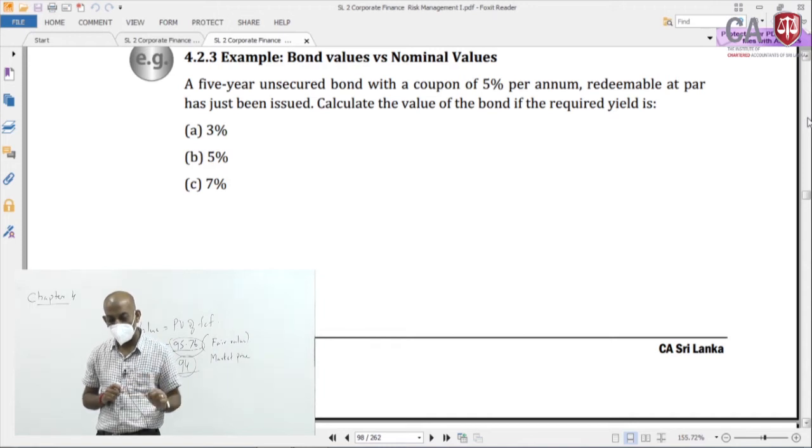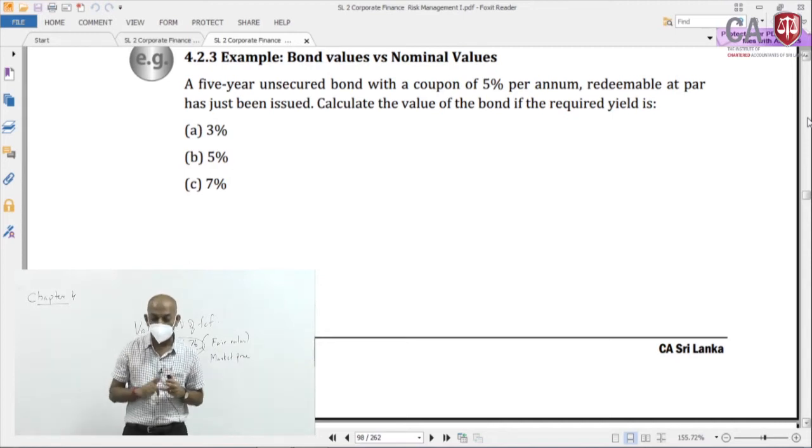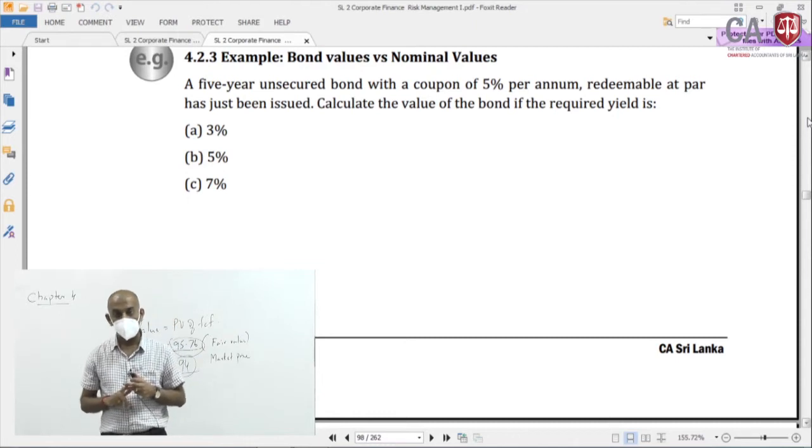So they have issued a 5-year unsecured bond, 5% coupon rate, redeemable at par. Calculate the value of the bond if the required yield is 3%, 5%, 7%. So they have given you the required yield and you want to calculate the value.